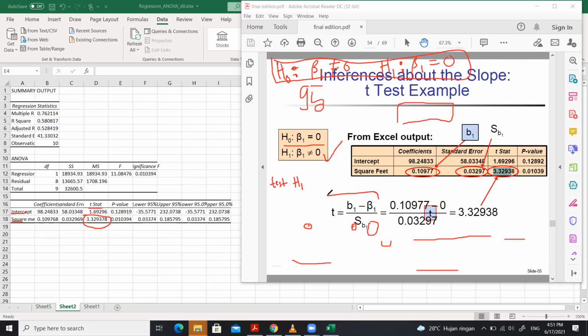We still use this formula, and we substitute the beta 0 here, 0. Beta 1 becomes 0, and beta 1 actually comes from the predictor, and this is the standard error, and then you can get this number. Okay.